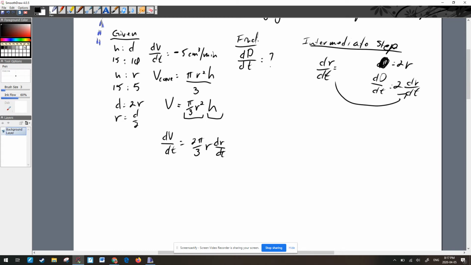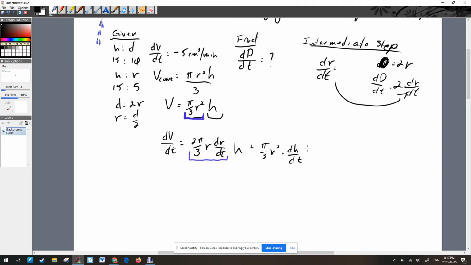So this is the derivative of the first, times the second, and the second is h. Then plus the first, which is pi by 3 r squared, times the derivative of the second. The derivative of h is dh by dt.